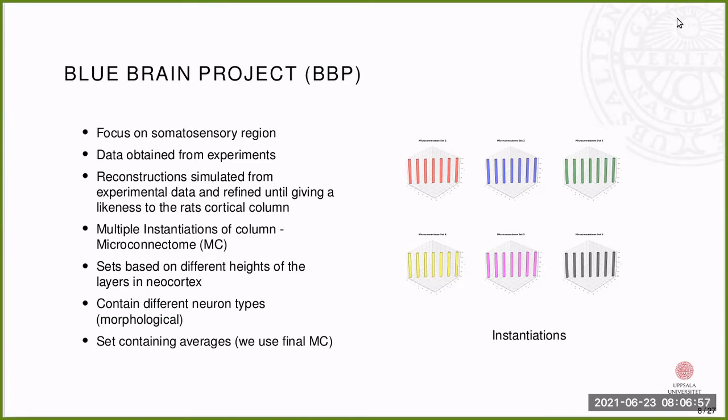These just take averages of the first 5 sets we see here, the ones in red, blue, green, yellow, and pink. In this final set, we want to look specifically at the final instantiation. So of these 42, we just want to look at the final microconnectome of the neocortical column.